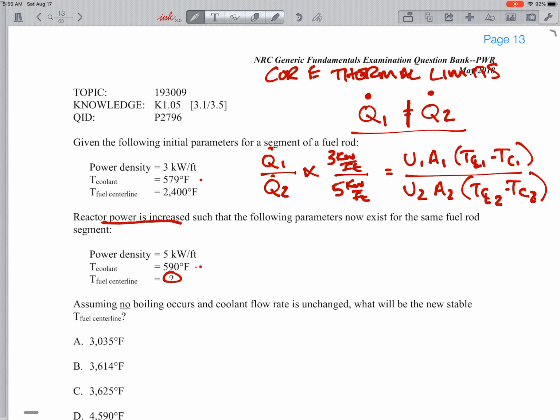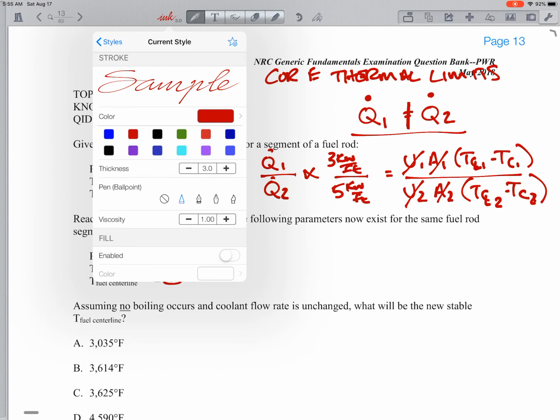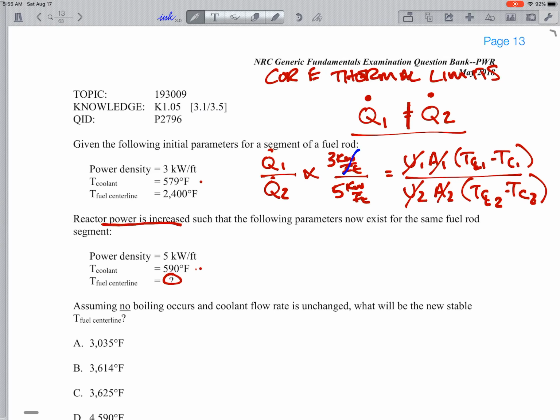Now, we didn't hear anything about the thermal transfer coefficient changing, so the U's are going to equalize. The areas of the coolant channel are not going to change, so that's going to go out.